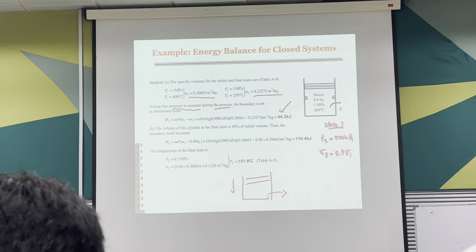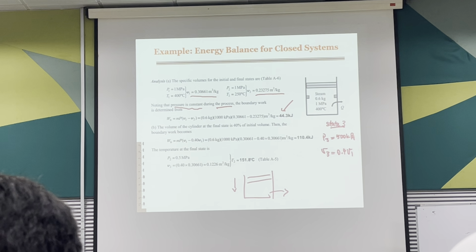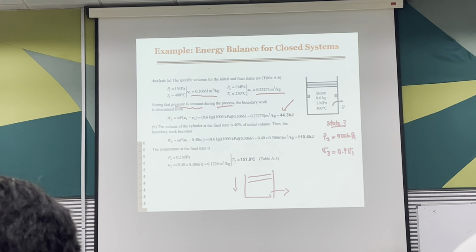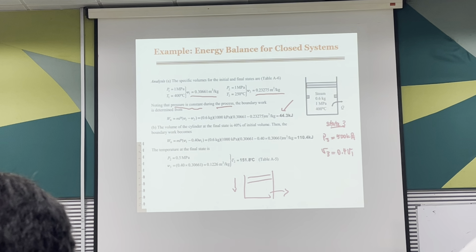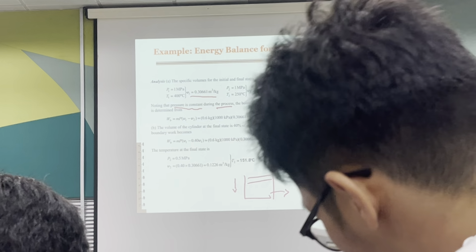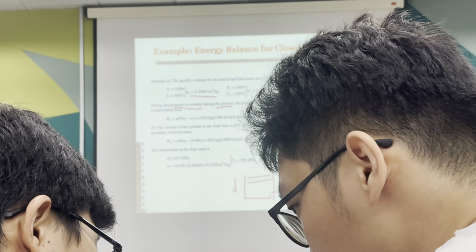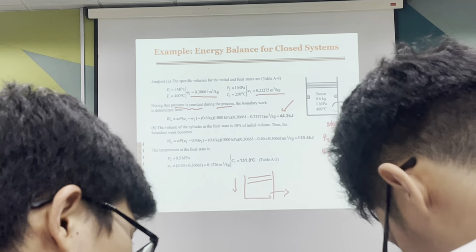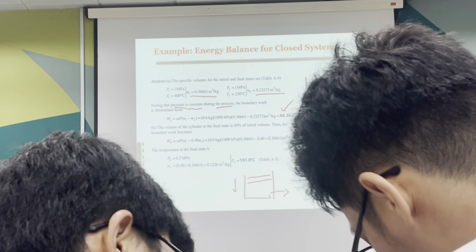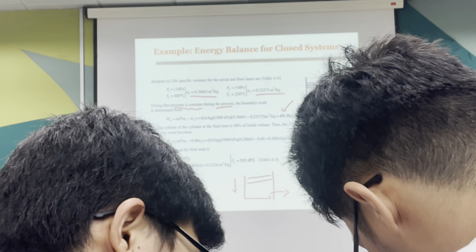But overall, there are no external forces compressing on the system, meaning you don't get any extra force. If there's no extra force, based on dynamics, your net force is still the same, so pressure won't change. Agree on this? There are no external forces acting on the system. It's just heat removal. So the whole process will be an isobaric process.